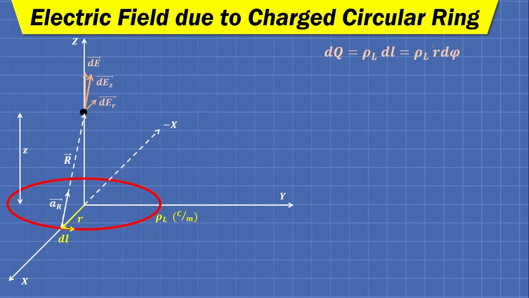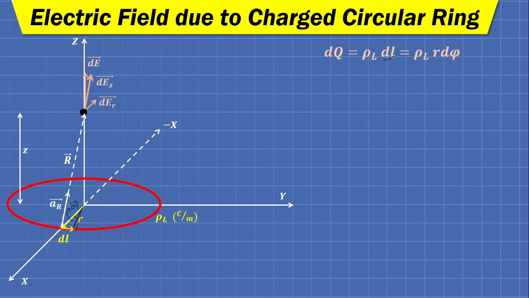So here dq, or the small charge on the differential length, can be written as rho L into dl. Here the differential length in the cylindrical coordinate system can be written as, say, this angle, that is the starting and ending point of the differential element, this angle is d phi.